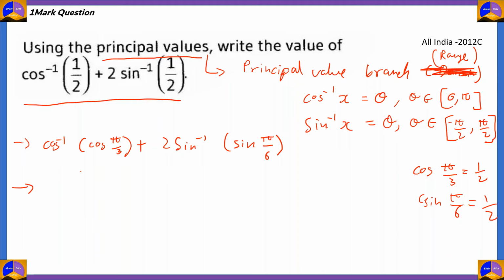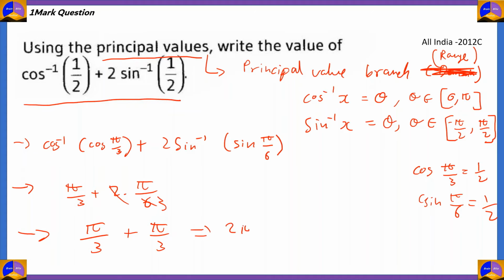And on deleting the inverse and the original function, we'll get pi by 3 plus 2 into pi by 6. And therefore, it'll be pi by 3 plus pi by 3, because 2 goes into 6 3 times, which will give you 2 pi by 3. And there you have it. That is our answer.